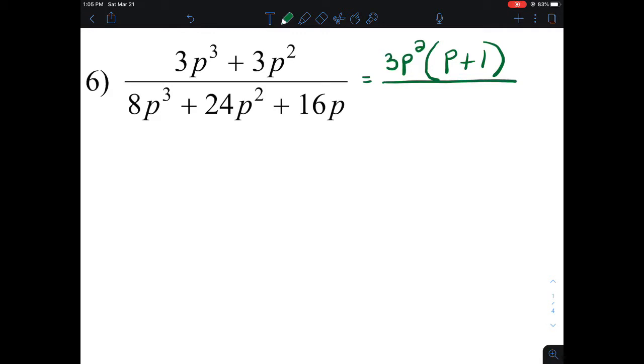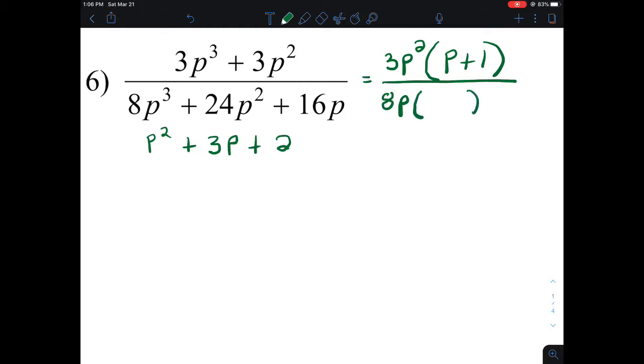In my denominator, I have a common factor. I can take out a GCF to make this problem simpler. I have a common factor of 8p. When I pull out an 8p, my denominator becomes p squared plus 3p plus 2. And I'm going to work to factor that.